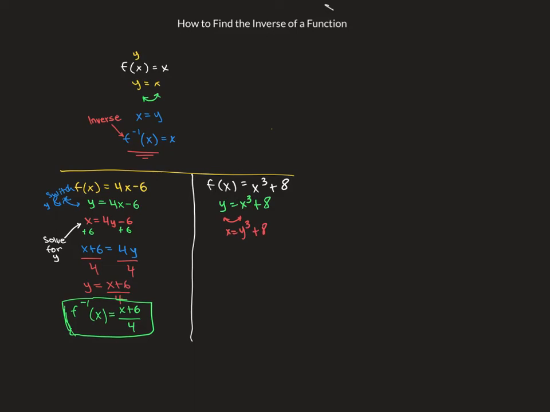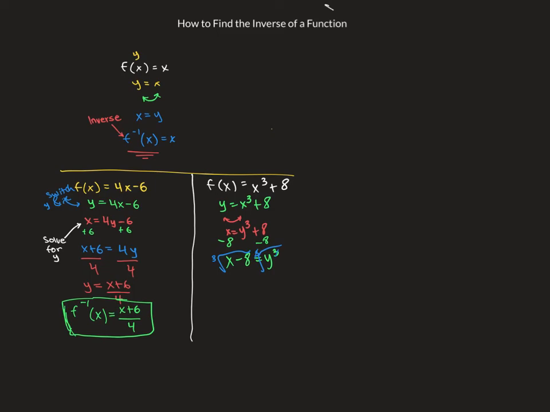Now we solve for y. And now we'll subtract 8 from both sides. So then we get x minus 8 is equal to y cubed. And now we have to isolate y even further. So we would cube root both sides. So this will cancel and this will cancel.